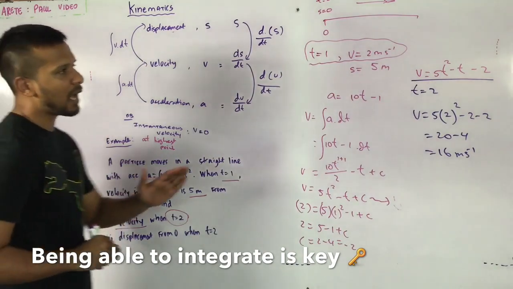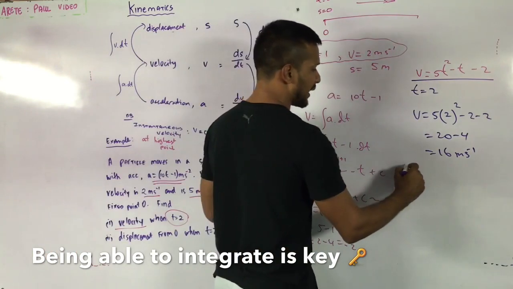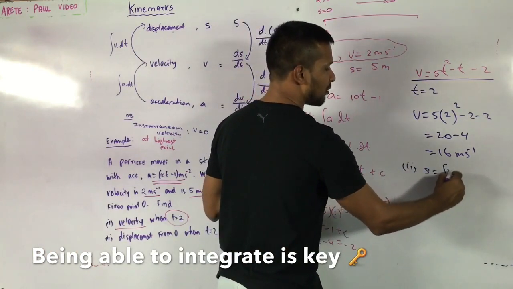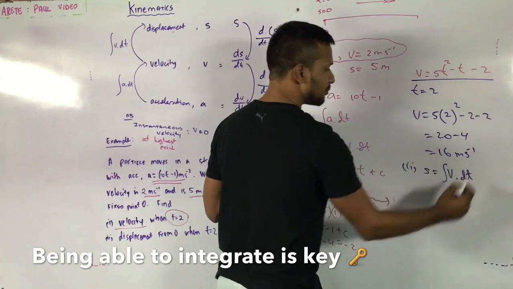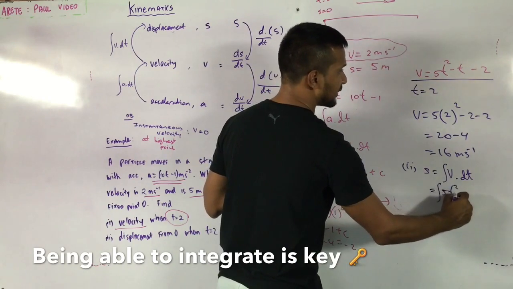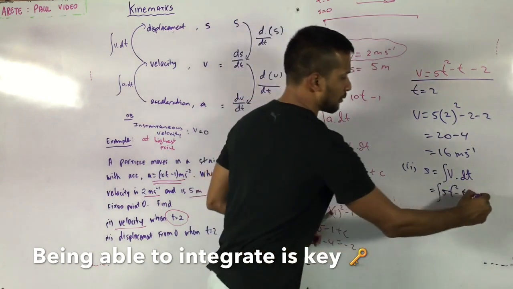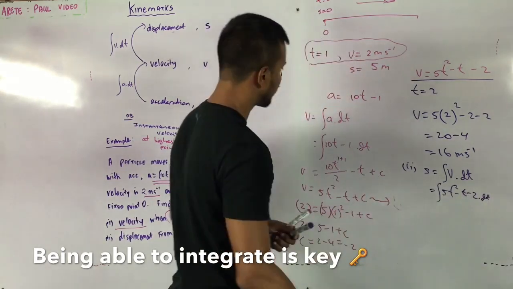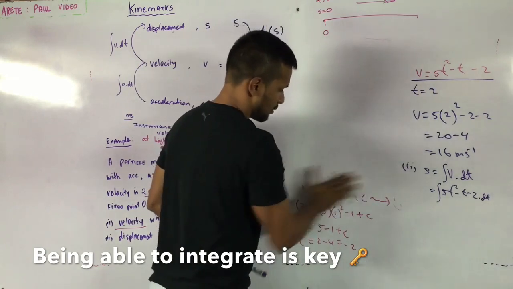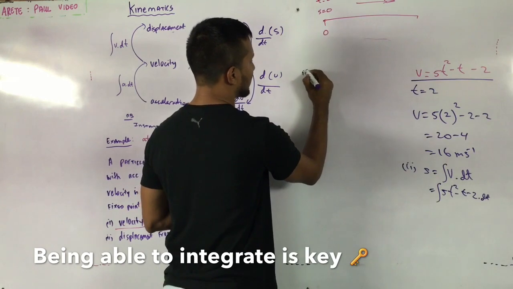Alright, now to do part 2. Now we have velocity, so what we need now is displacement. Displacement is the integral of velocity with respect to time. So that would be the integral of 5t squared minus t minus 2 with respect to time. Before everything runs off the board and I can't see anything, let's shift it across here.